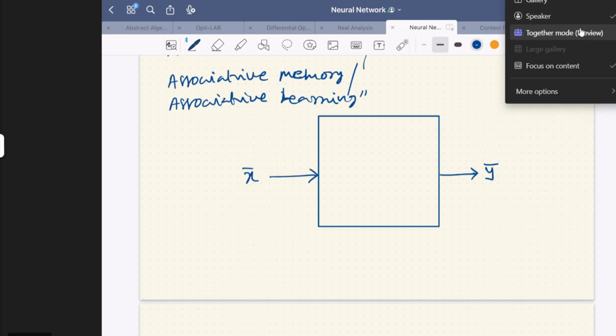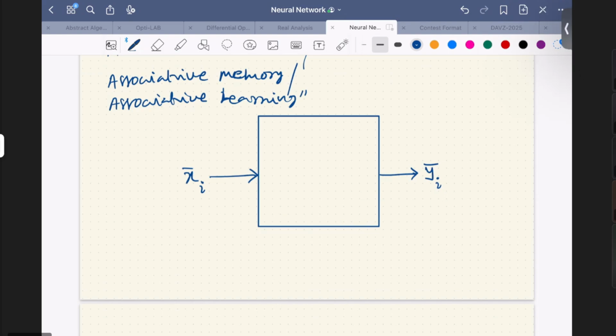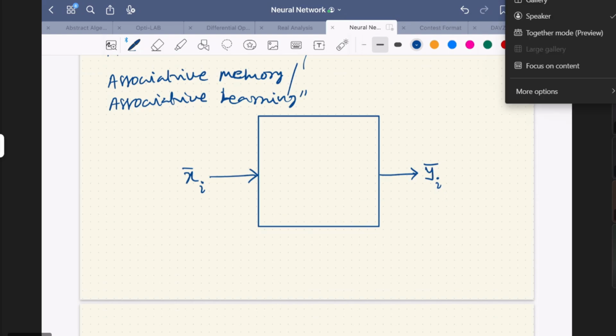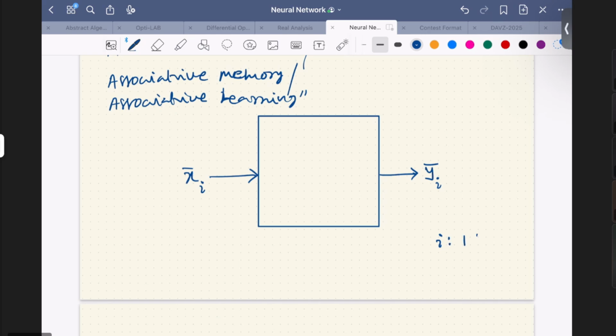If I have xi, I can take it to yi, and the dimension of each vector is n, and i goes from 1 to m, so there are m such vectors.